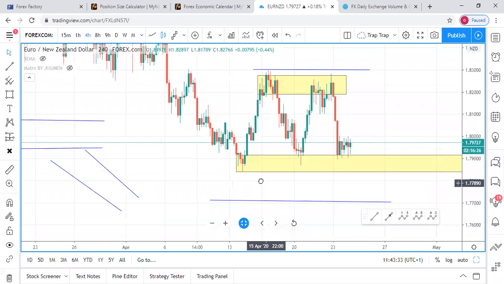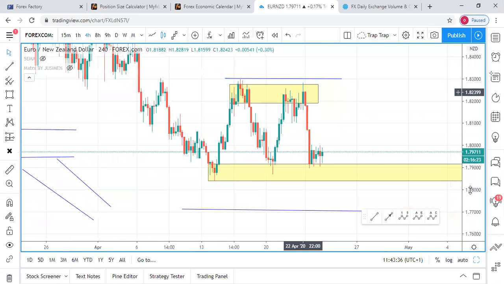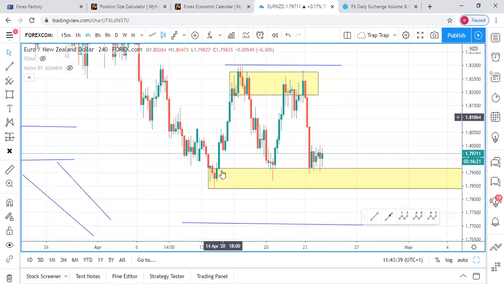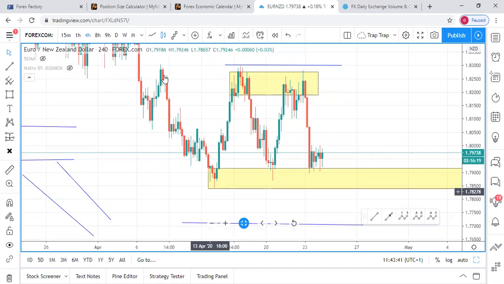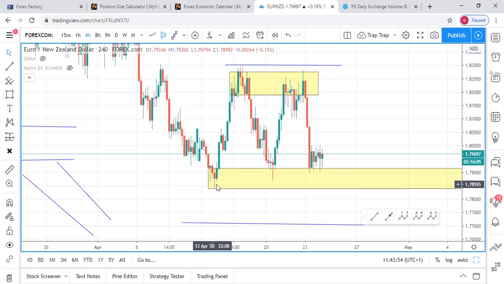Now, before I introduce the terms I said I was going to introduce, I want to give you the theory behind these zones, right? When price was falling down, there were some people in the market who felt that the price was good, was cheap. Remember, we buy when it is low, and we sell when it is high.